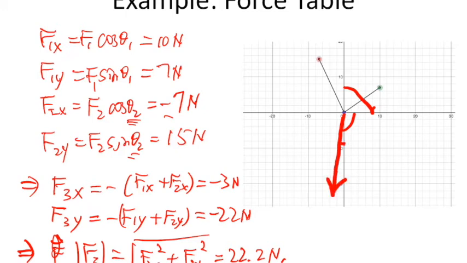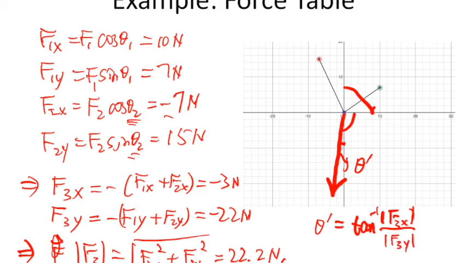So what do we do? We need to find this angle. Let's call this one theta prime, because that's not what we're looking for. Let's put a prime there at first. Theta prime is inverse tangent of the magnitude of F3x over the magnitude of F3y.